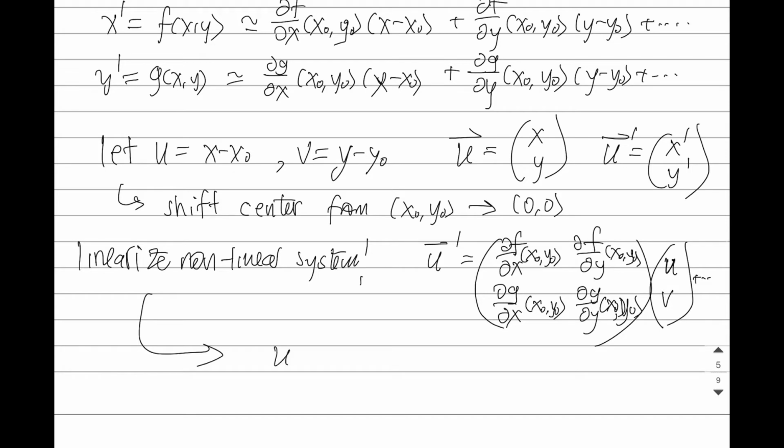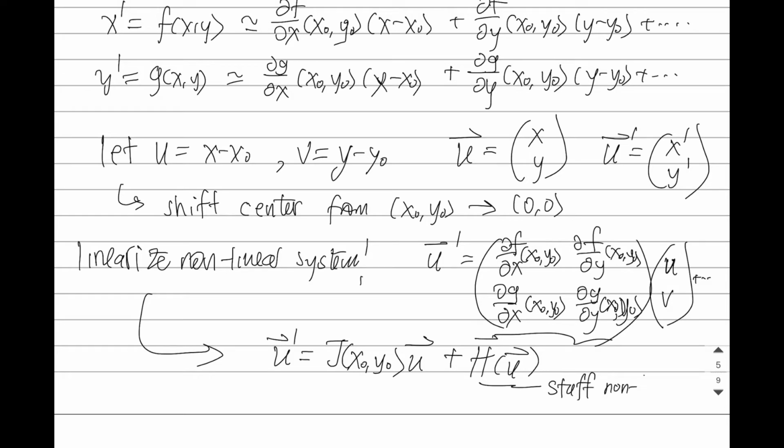We'll have this vector u prime. I'm going to call this matrix J, and it's J at x naught and y naught. It depends on the point we pick, times this vector u, plus some vector field of higher order stuff. And this is nonlinear stuff. This is a technique we're going to use.